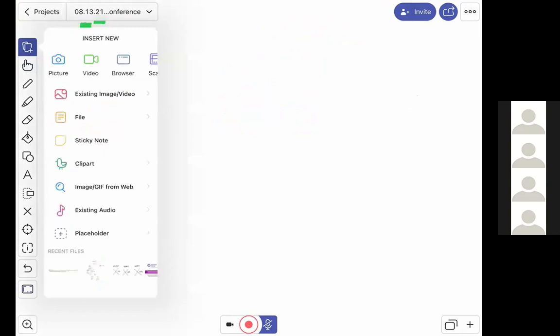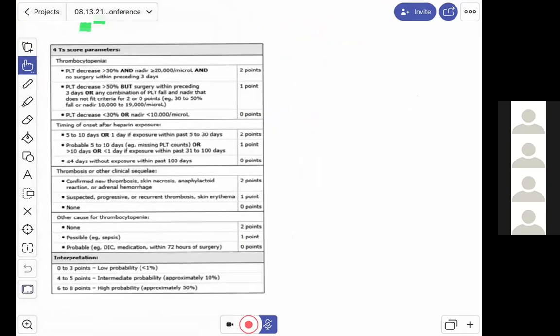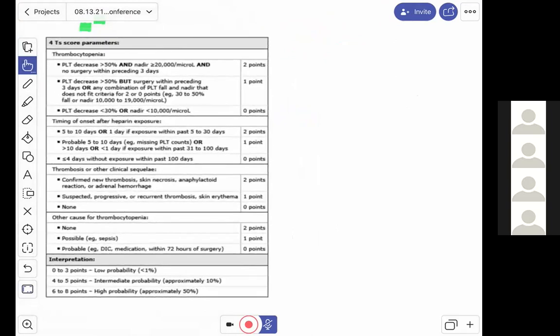And our 4T score is here. There's a lot going on, but basically it's all about the degree of thrombocytopenia, the timing of the onset, whether the patient has evidence of thrombosis, and whether there is another cause that could explain the thrombocytopenia. So for this guy we're talking about today, his platelets definitely decreased greater than 50%.